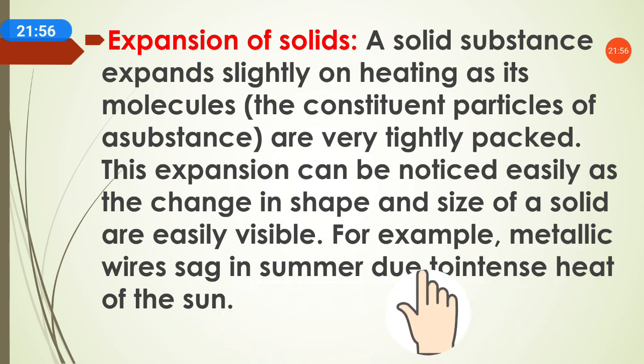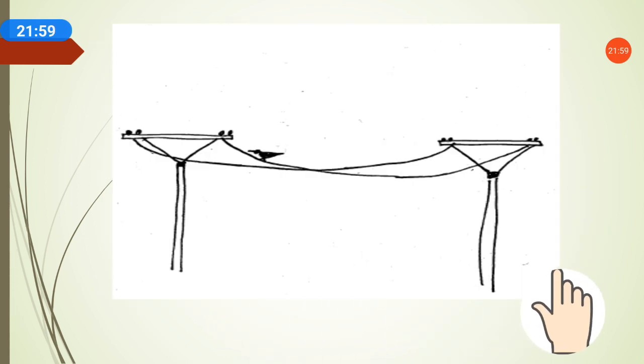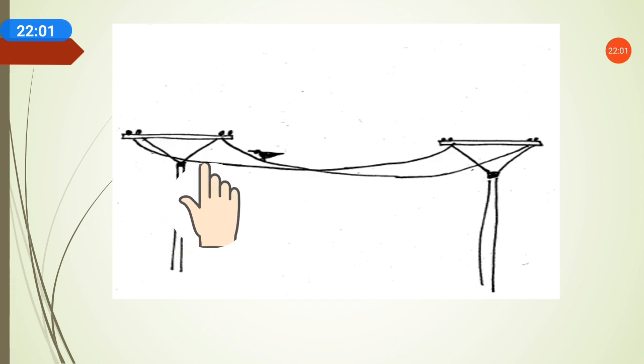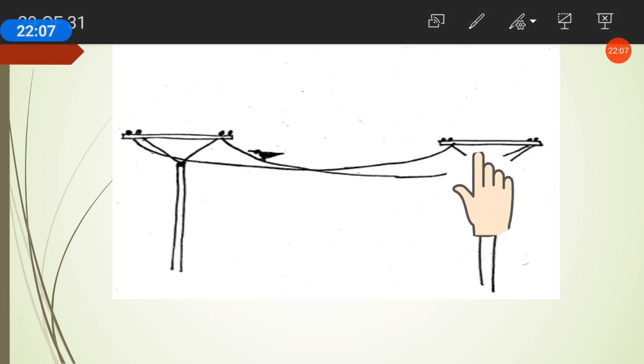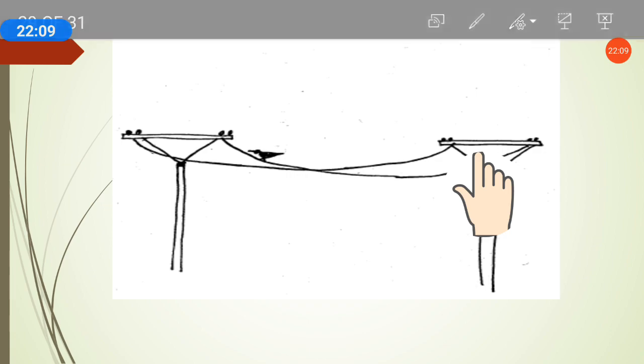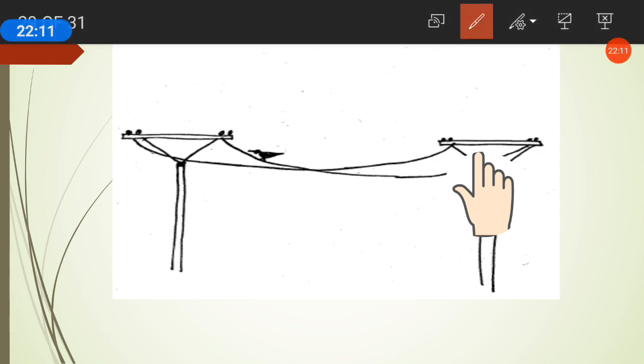The metallic wire expands due to heat. Here you can see it with this picture. These wires are hanging between these two ends. When sunlight, meaning heat, falls on the wire, what will happen? Suppose you have put the wire between these two ends in this way.